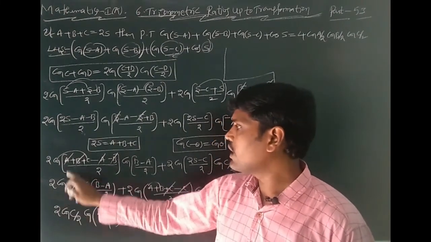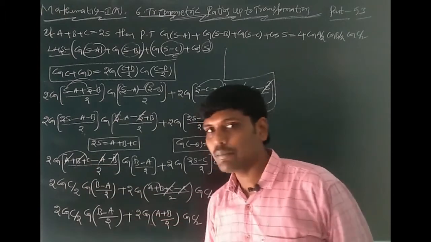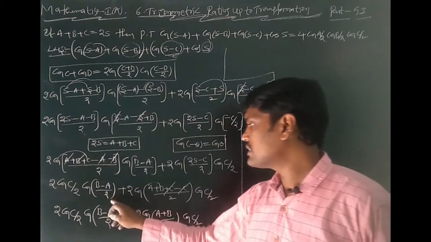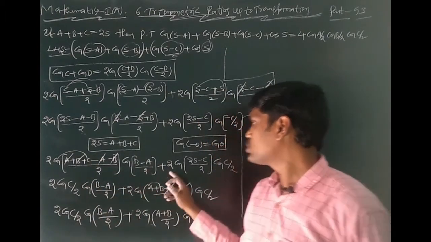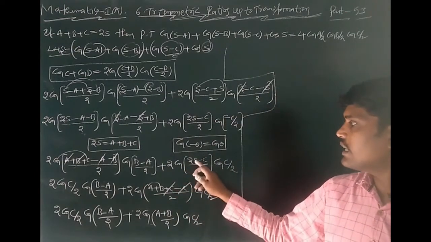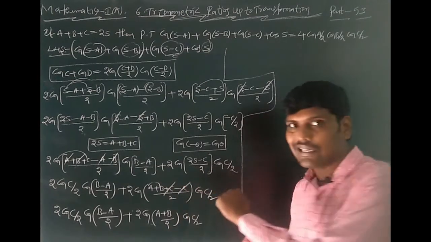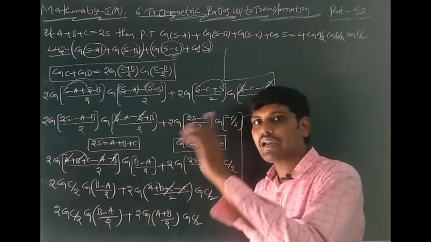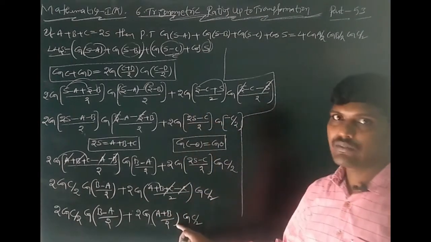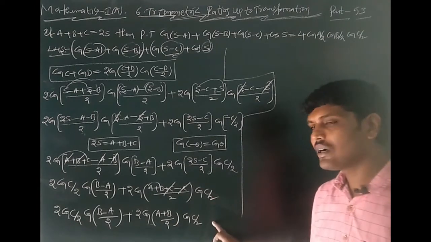After that, 2 cos c by 2 remains with cos of (b minus a) by 2, plus 2 cos of (2s minus c) by 2, where 2s value is a plus b plus c minus c whole by 2. Here plus c minus c gets cancelled, and you get cos of (a plus b) by 2 into cos c by 2.